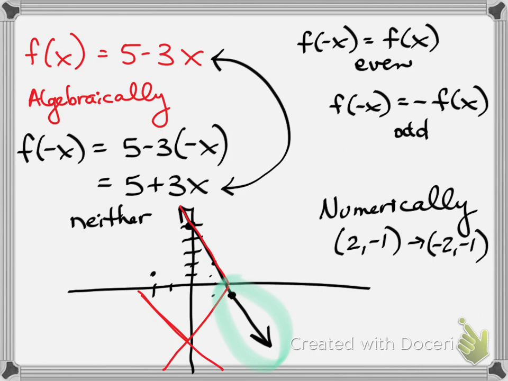But it's not. So it's not even. If it's odd, then the point -2, +1 should be up. Whoops, that was not -1. -2, -1's right there. -2, +1, that's also not on my line. So it's actually neither. All of these should agree with each other because we're finding the same answer, just 3 different ways.